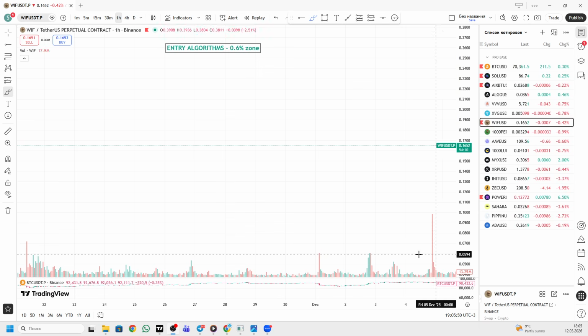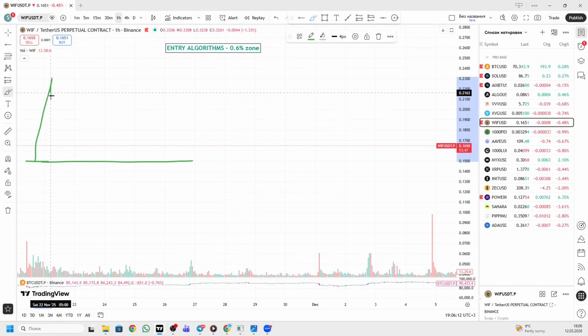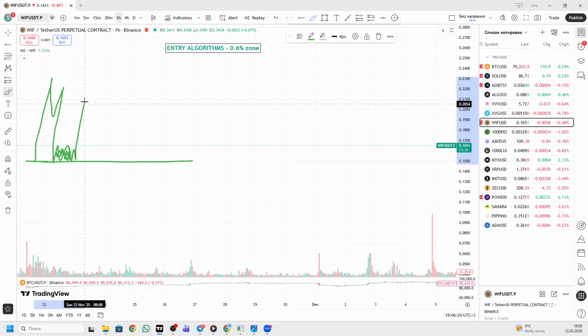The idea is this. Let's draw it again. Here's the level. It's a strong level, so there are multiple touches, consolidations. Here, for example, it goes up there, then there is a wick throw.